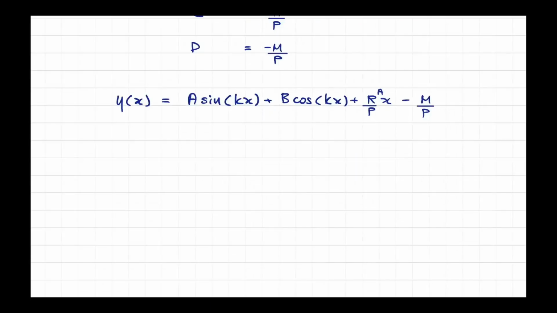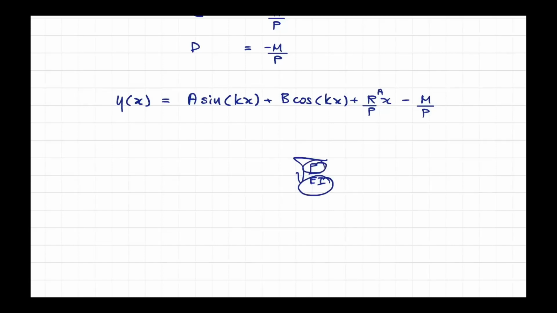If you look at kx, what is the k? K is the square root of P over EI, right? The E, elastic modulus, is in the same unit as the stress, so force per unit area, and then multiplied by I, you get force times length squared over here.